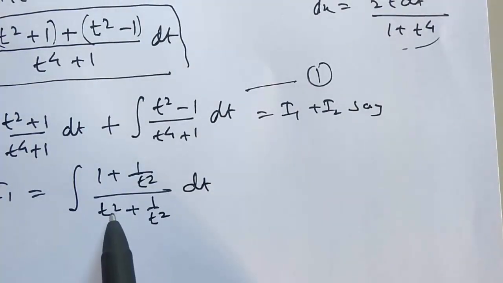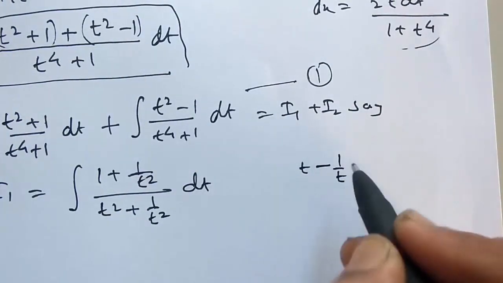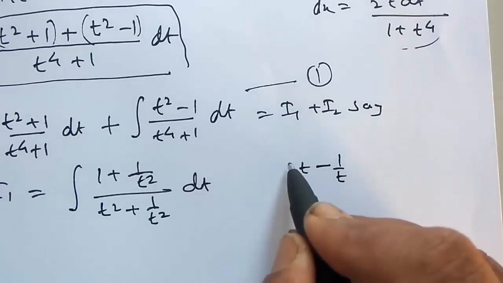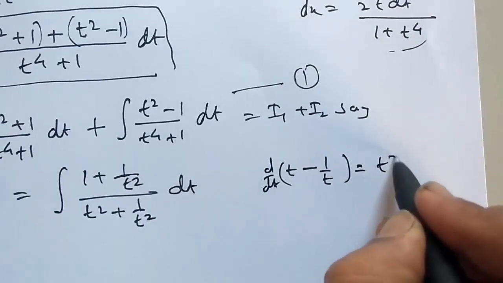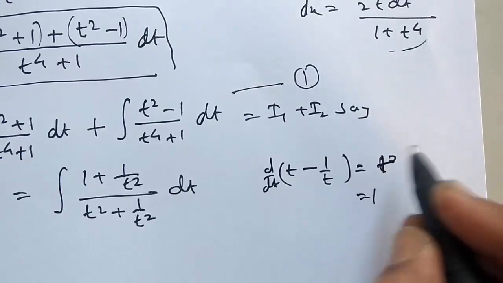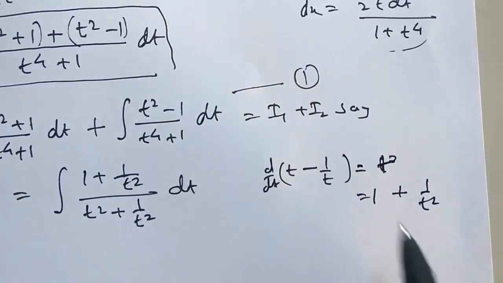Now we know that the derivative of t minus 1 upon t, if you take the derivative of this with respect to t, it becomes 1 plus 1 upon t square.